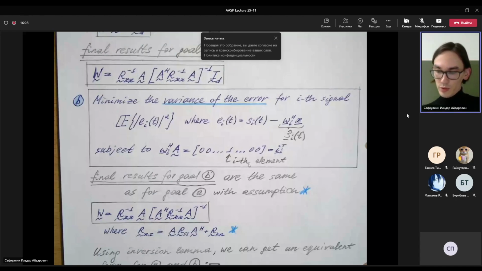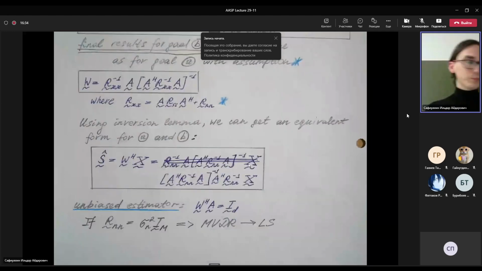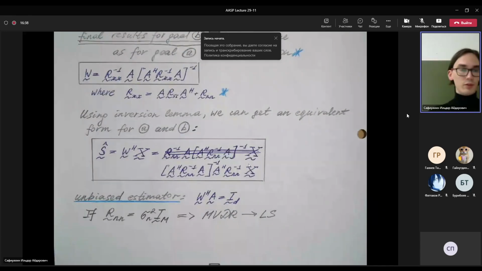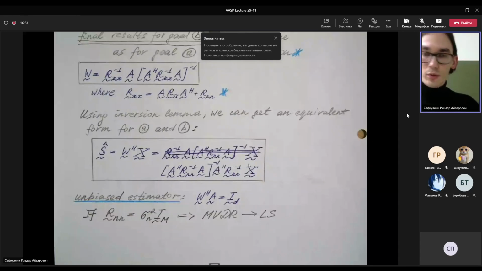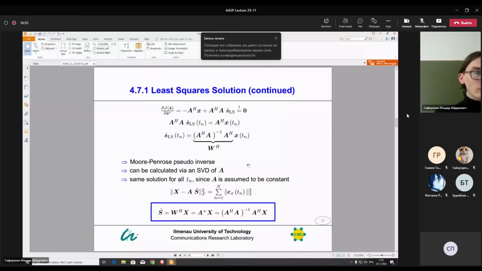Then we use the inversion lemma, and we can rewrite all these things using the noise subspace, because the main idea in MVDR is to use the noise subspace instead of the signal subspace. Let me show it on slides.